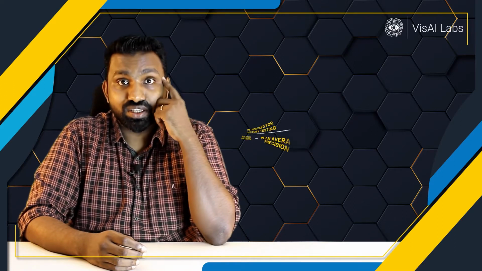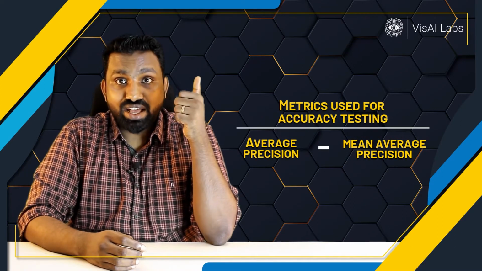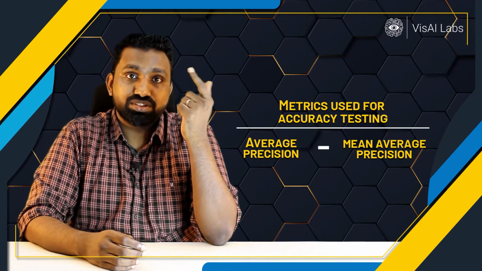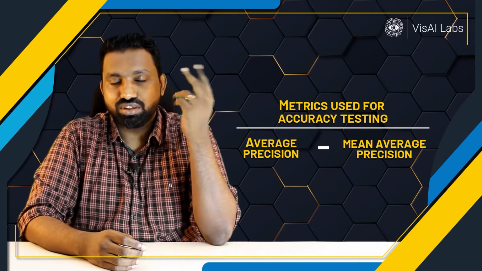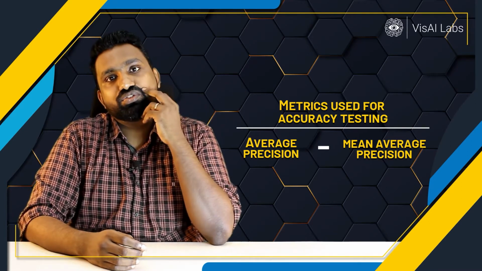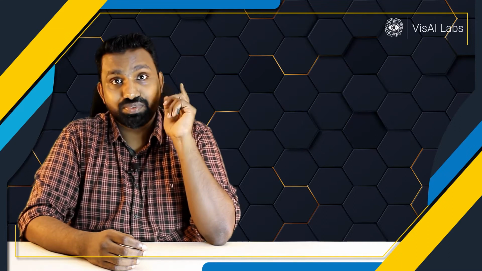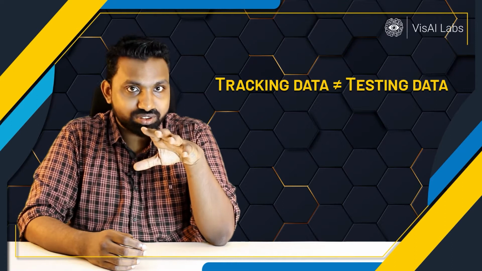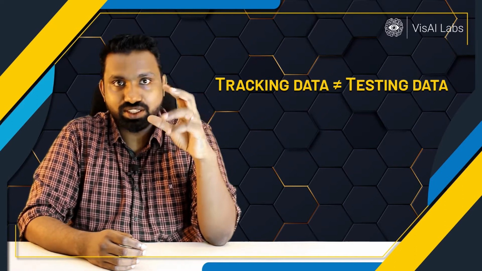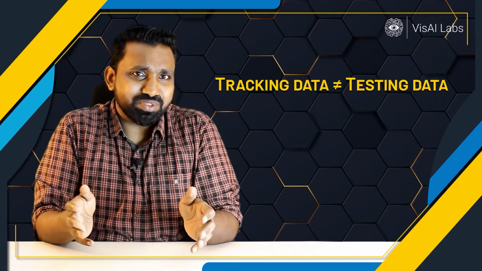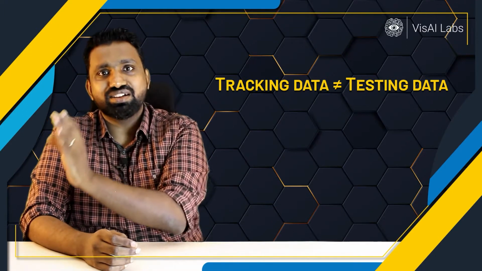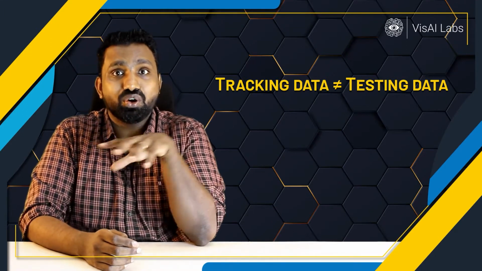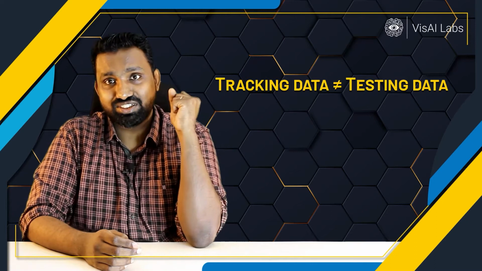At VisAI Labs, metrics available such as average precision and mean average precision are used to identify the accuracy of the model. Also, please make sure the dataset on which the model will be tested is not the same which was used for training and modeling. I know this sounds elementary, but it's important to have separate datasets as the given model would have already seen these datasets in the training stage.